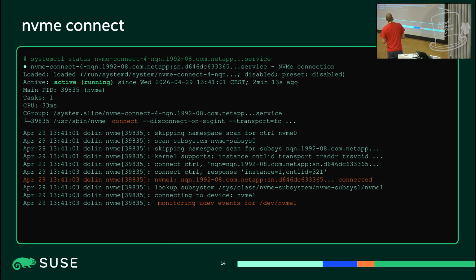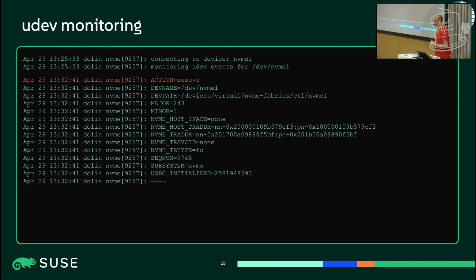And what I did here, because it was already a daemon, is that we could probably do something more with it. I said, okay, let's listen for the uevent for the controller, and if you have, for example, a reconnect or remove event, you get that in the unit, in this nvme connect call, and you can monitor that.